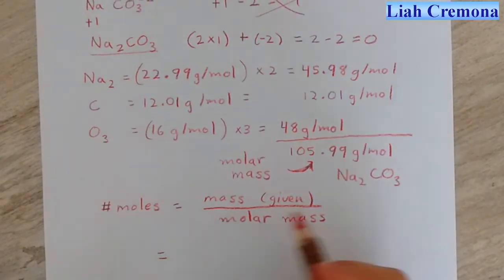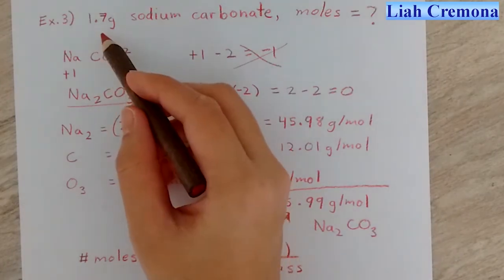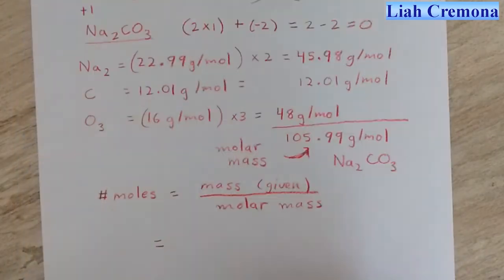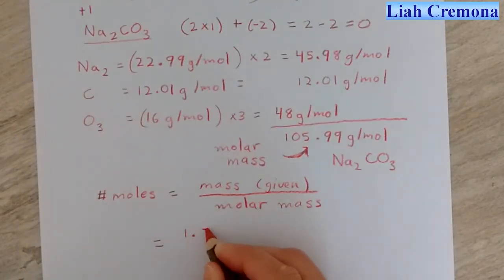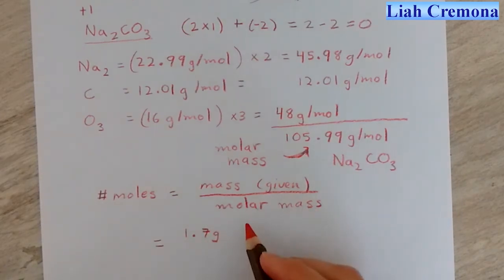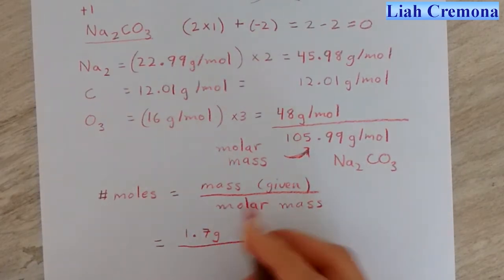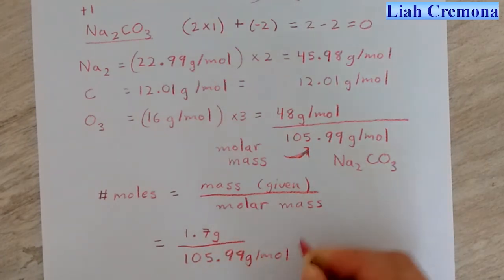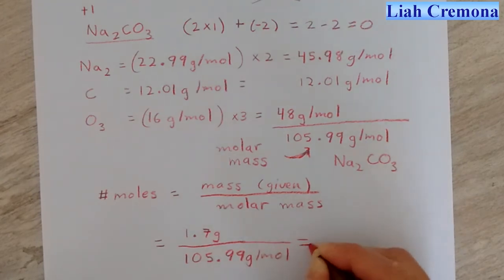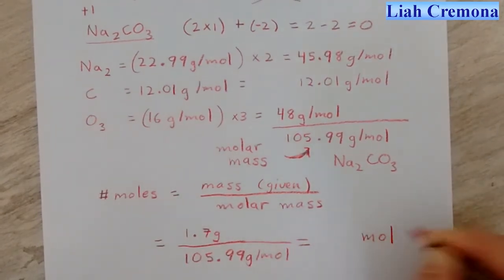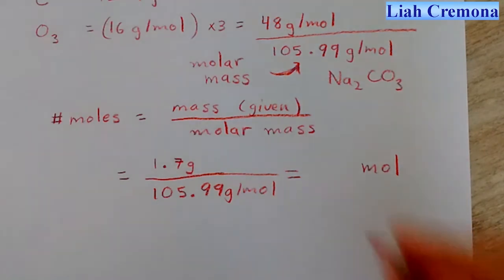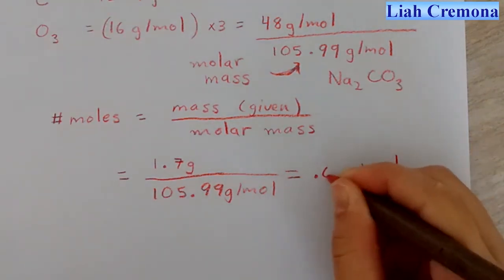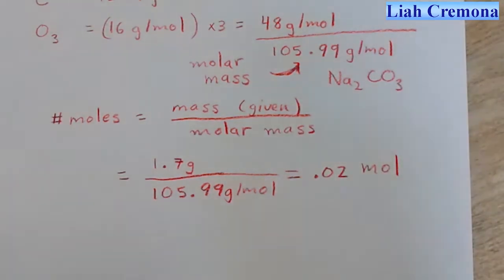Plugging the numbers in, the given mass was 1.7 grams, and the molar mass is 105.99 grams per mole. The answer here is 0.02 moles rounded to the nearest hundredth.